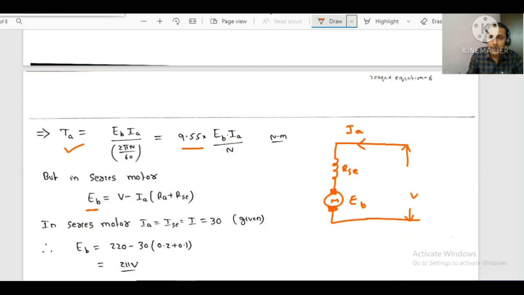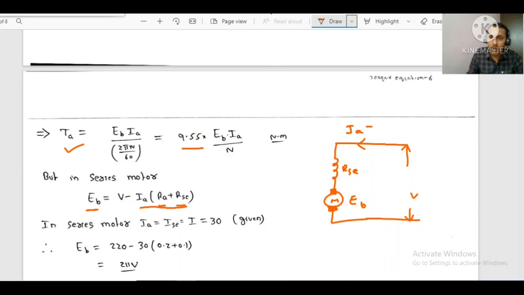This current is IA, right? That drop is due to armature resistance RA and series field resistance RSC. So a total of IA times (RA plus RSC) voltage will be dropped. The remaining will be EB. EB equals V minus IA (RA plus RSC).